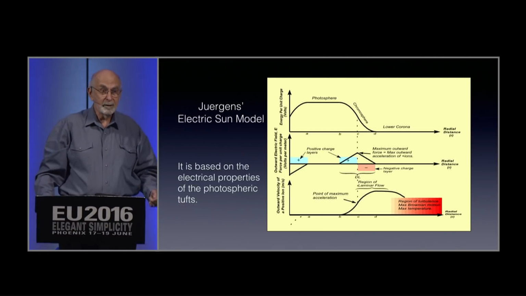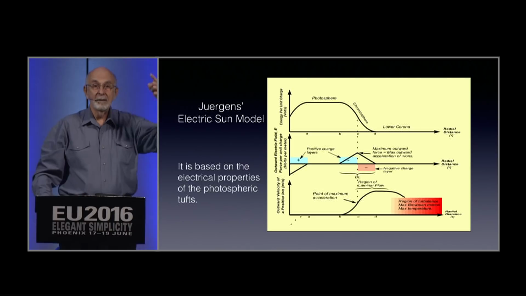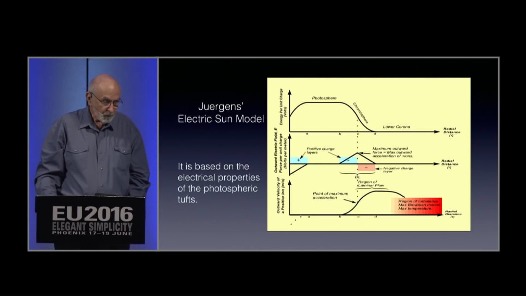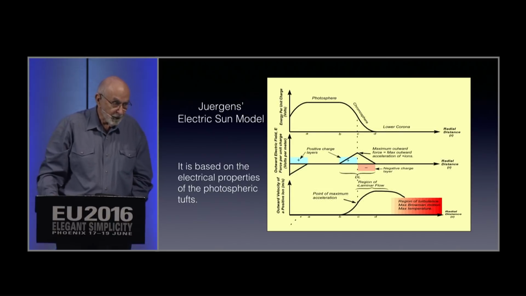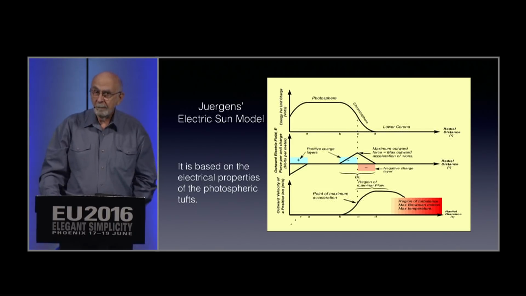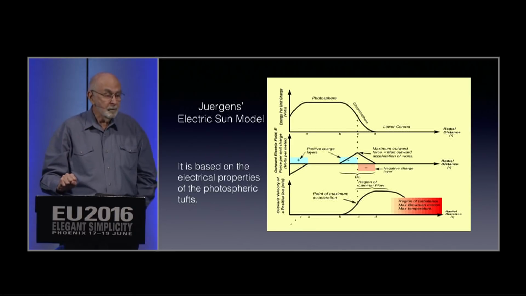How the voltage varies as you come up out of the sun, through the tuft, and then out the top of the tuft. On the left-hand axis, the vertical axis, it's labeled energy per unit charge. That's volts. Energy, that's what voltage is. A positive charge has more energy if it's at a high voltage than if it's at a low voltage.